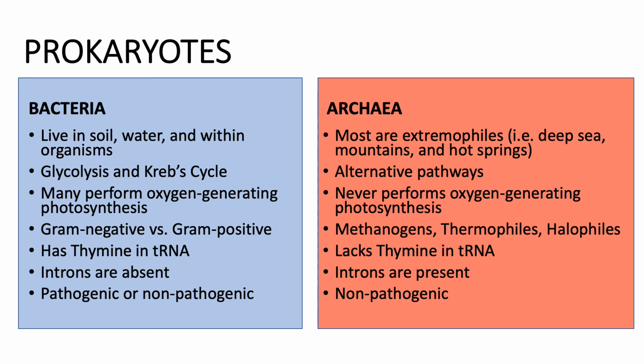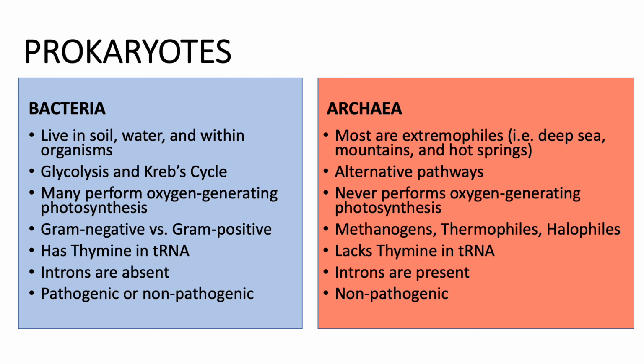Bacteria, typically, are divided into categories, gram-negative versus gram-positive. Those can be categorized through staining. And then archaea are categorized through other characteristics. So those are three of them listed right there. Bacteria has thymine and tRNA, and interestingly enough, archaea does not have thymine and tRNA, which is transfer RNA.